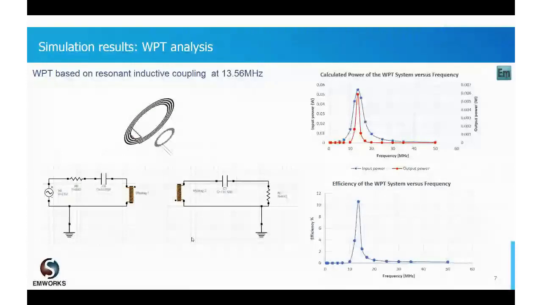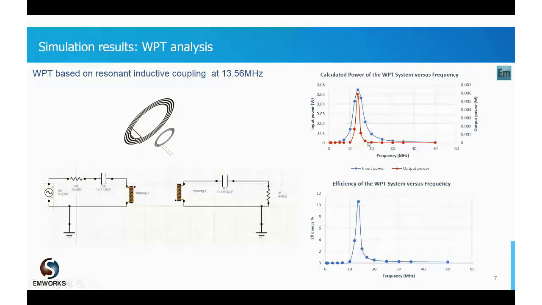So with that, we'll show you this now in two steps. First, we focused on getting a resonant coupling for the power transfer, and my colleague Ahmed is going to show you briefly in EMS how we do this, so you can build the whole circuit. We're after this efficiency calculation, input power versus frequency.